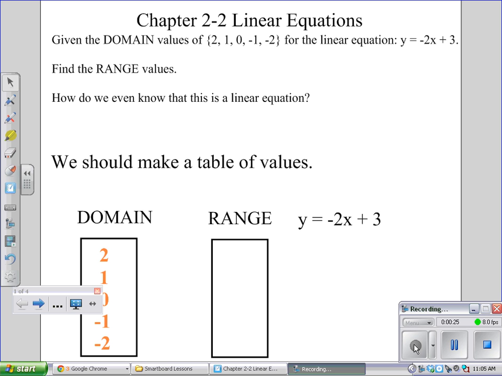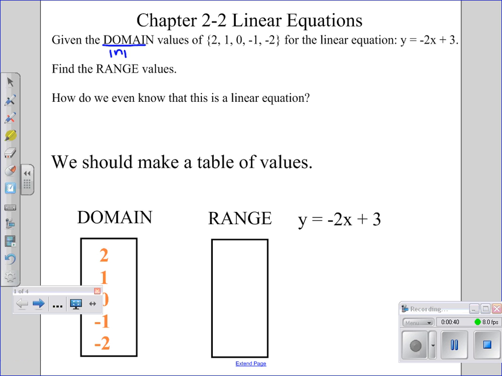Given the domain values of 2, 1, 0, -1, -2, for the linear equation y equals -2x plus 3, find the range values. Remember that domain represents your input values, and so these are your x values for your function.